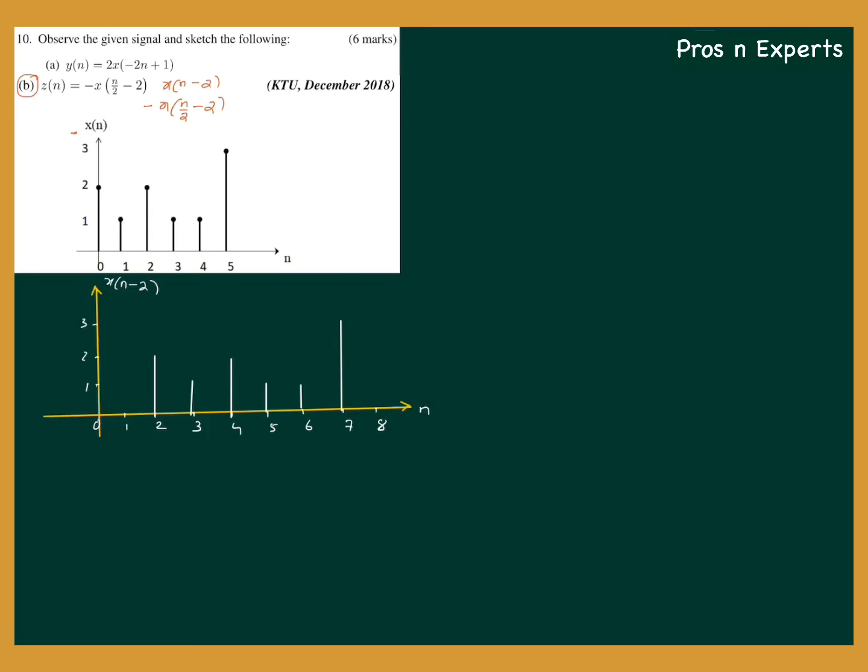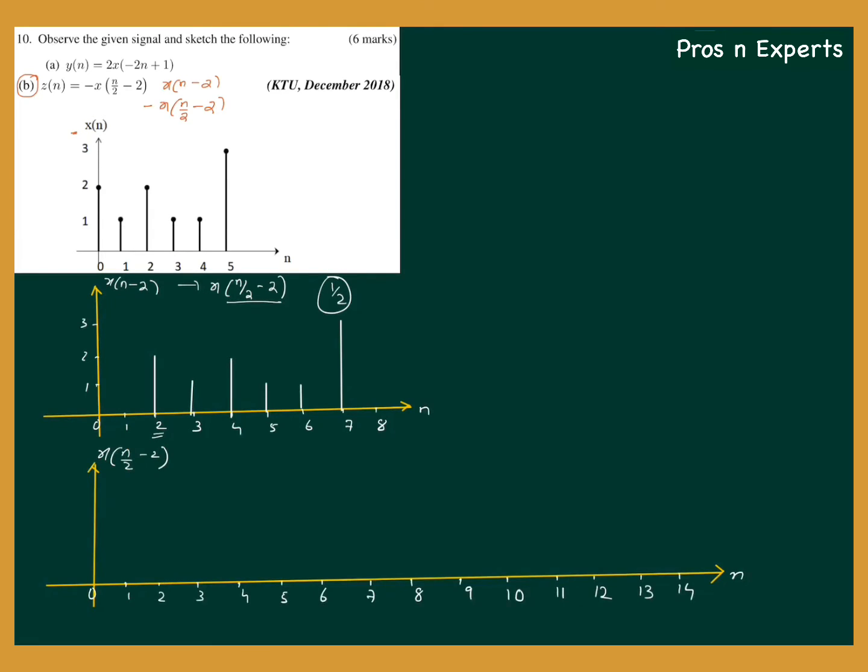My next aim will be finding x of n by 2 minus 2. Remember that the scaling factor is 1 by 2 here. So we have to divide every time instant with 1 by 2 to get the corresponding sample in x of n by 2 minus 2. Now let us attempt to draw x of n by 2 minus 2.